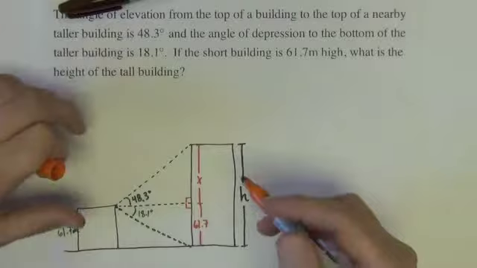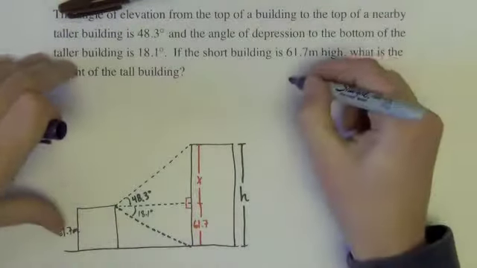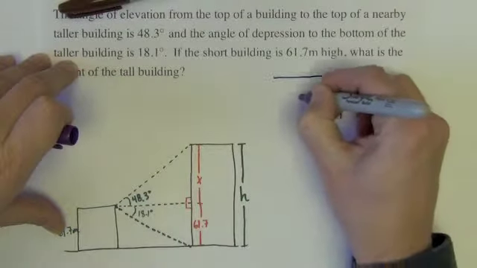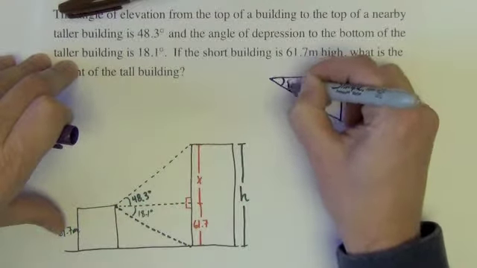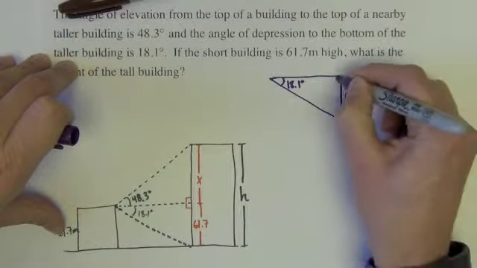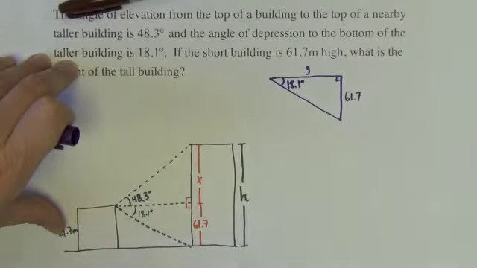Okay. Let me pull that out and just kind of work it separately. So we're looking for this edge here. We can call it a variable. Let's call it y.